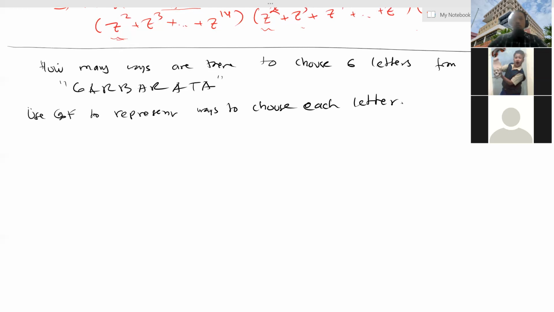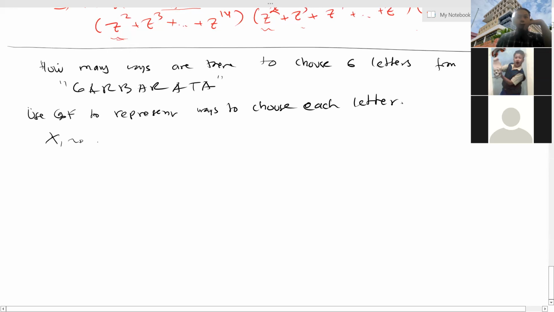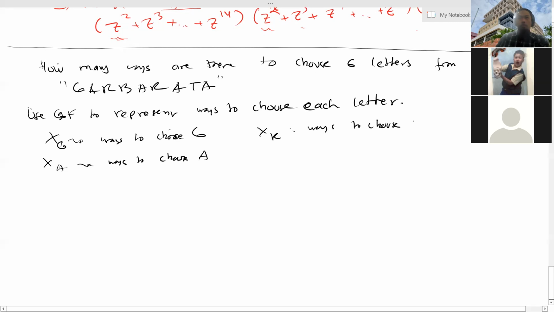So the idea here is, suppose XG represents ways to choose G, then XA ways to choose A, and then XR is the number of ways to choose R. What would be the other letters?